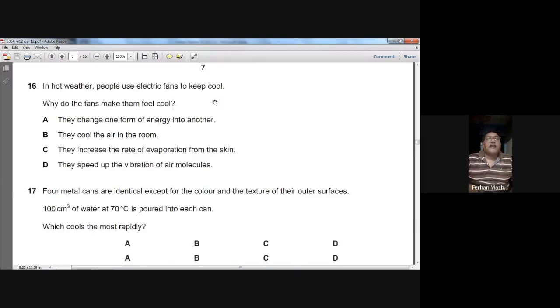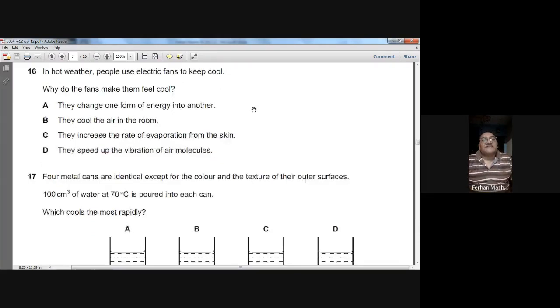On your screen, we have question number 16. In hot weather, people use electric fans to keep cool. Why do the fans make them feel cool? Due to the hot weather, you are sweating, and due to the fan, the rate of evaporation of the sweat from your skin increases.